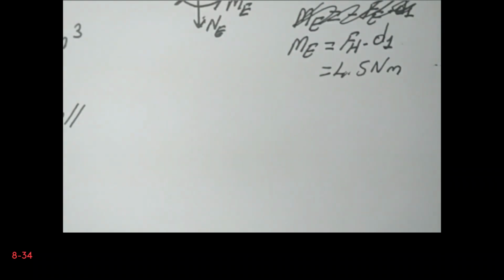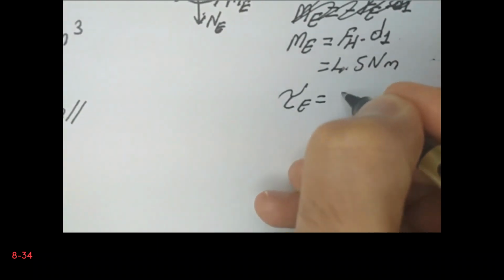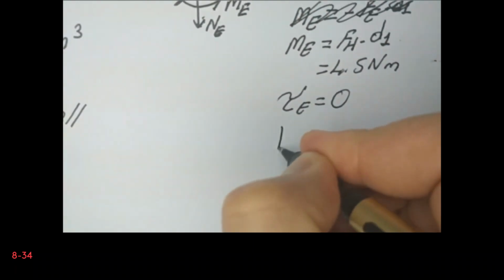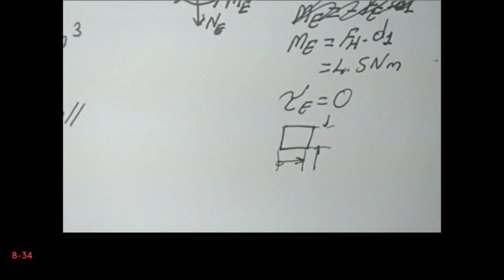We have a tiny square cross section with the edge length of 7.5 millimeters. So let's say that this is D7 and this is D7 as well. So D7 is 7.5 10 to the power minus 3 meters.